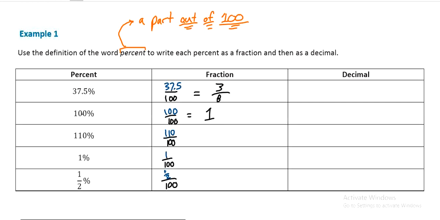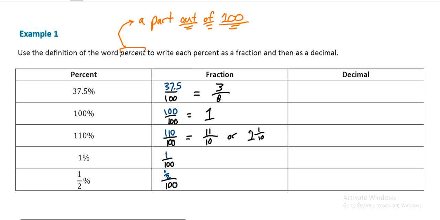So 100% when I write it as a fraction is actually just 1. 110% when I write that as a fraction, we will get 11 over 10. You also might get a mixed number. You might have gotten 1 and 1/10. That's fine also. Just remember how to use your calculator to convert between mixed numbers and improper fractions.